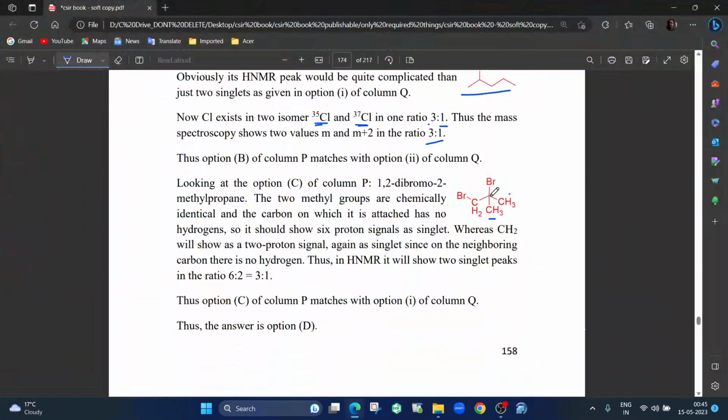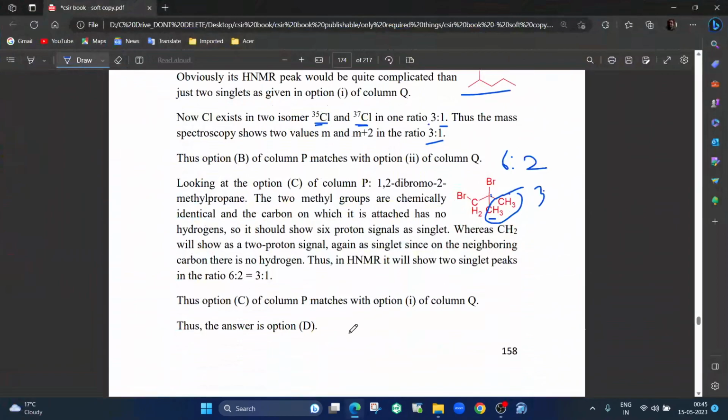Even this CH2 is next to a carbon which does not have hydrogen, so this will also come as singlet. Now these two are chemically identical, so it will give a 6 proton signal, and this will give a 2 proton signal. So 6 is to 2 is the same as 3 is to 1.